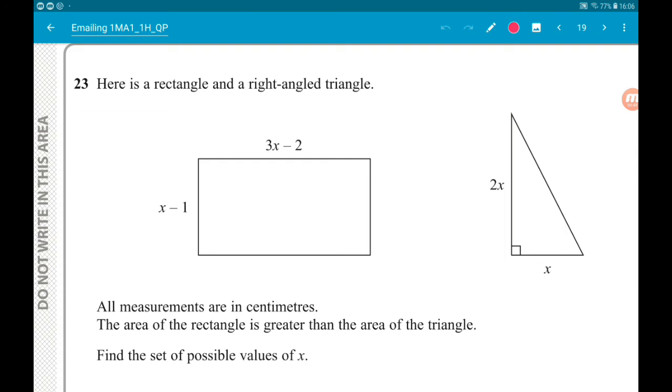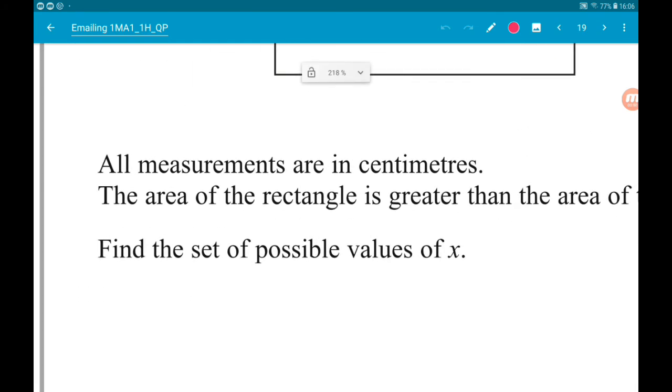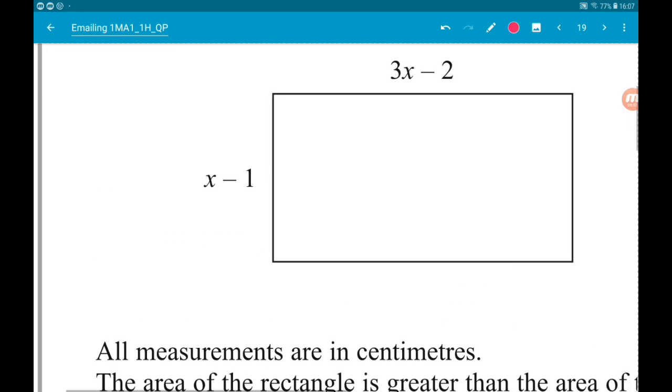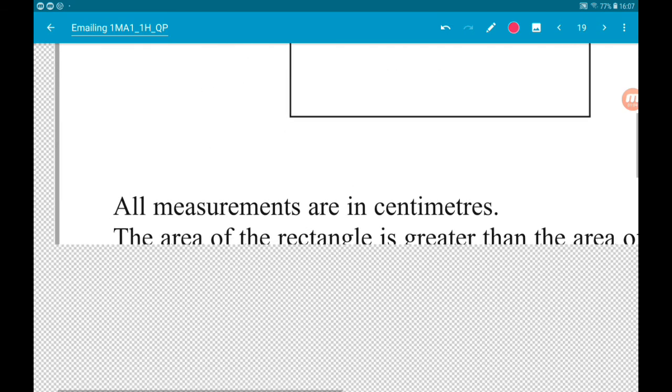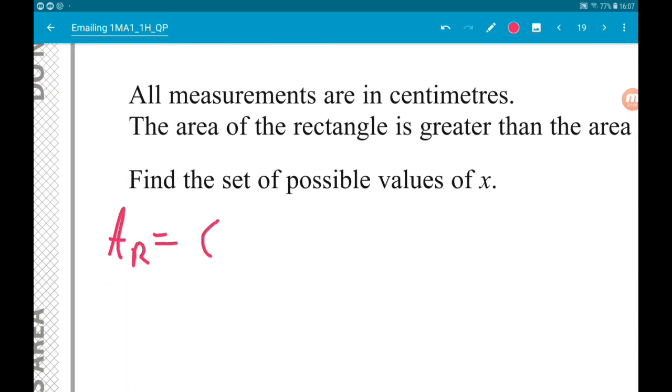So for the rectangle, call it AR, area of the rectangle, it's x minus 1 times 3x minus 2. Okay, so if we expand that, make sure you can get 3x squared.